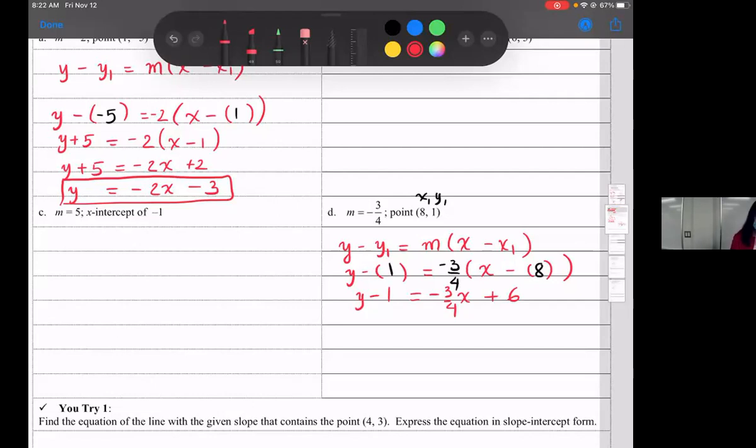Negative 3 over 4 times 8, which is 8 over 1. This one cancels, that gives me a 2 up here, right? So negative 3 times negative 2 is positive 6.